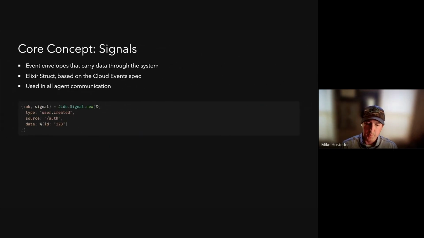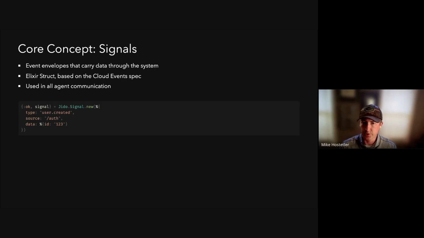Core concepts. The first thing is that as agents evolved, they needed a better and more enhanced way to communicate. And I ultimately opted to build out a concept that I call Jido Signals. Jido Signals are the messaging envelope that represents any message that moves through the Jido system. It's based off of CloudEvents. If you've ever used a CQRS system like Commanded, or envelope patterns through RabbitMQ, AMQP type stuff, same idea.